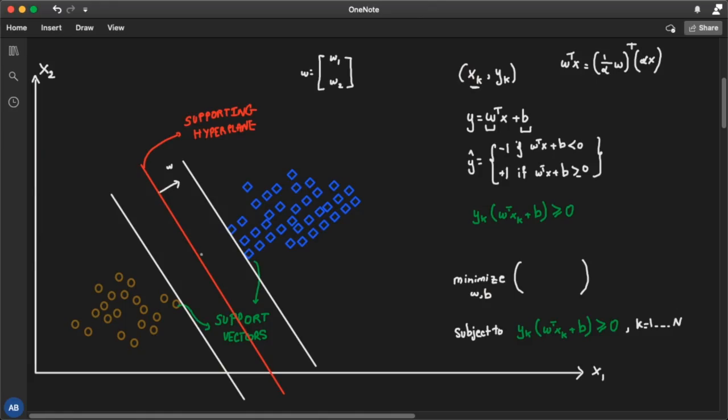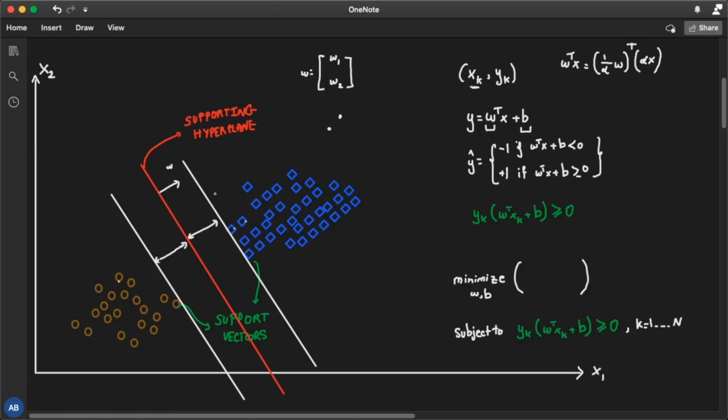So my margin increases, right? Margin is this distance over here. This is the margin. Symmetrically, it's also this distance over here. So if I multiply my instances, x's, by 2, then this point would be here, and this point would be here, and this point would be somewhere here.